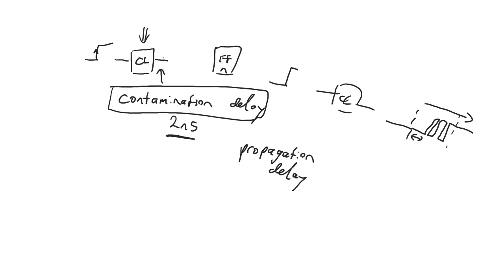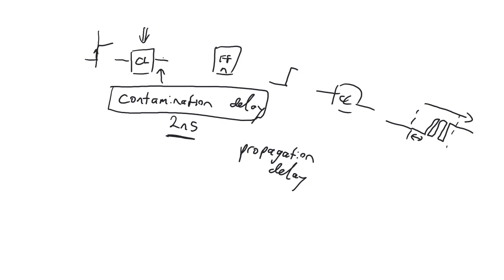Of course, the propagation delay needs to be greater than or equal to the contamination delay. Otherwise, it would make no sense. We do not add the two. The two start counting as soon as the input changes.